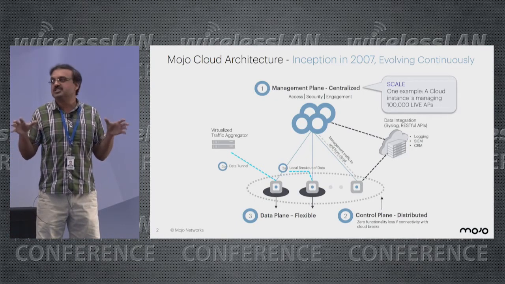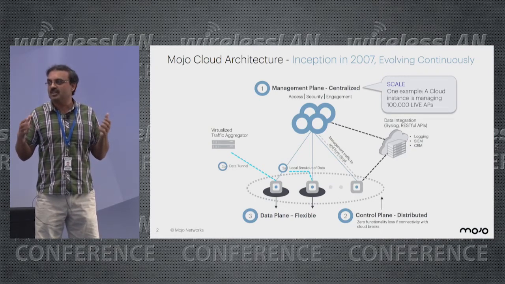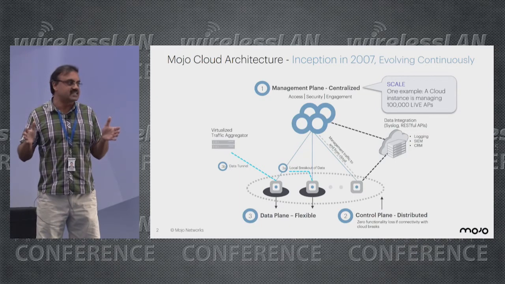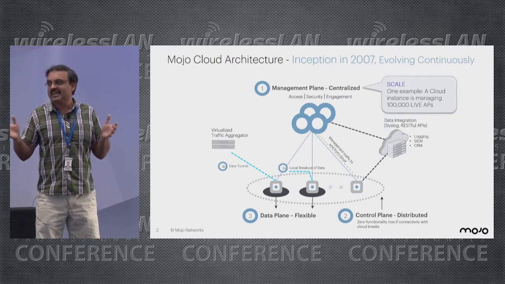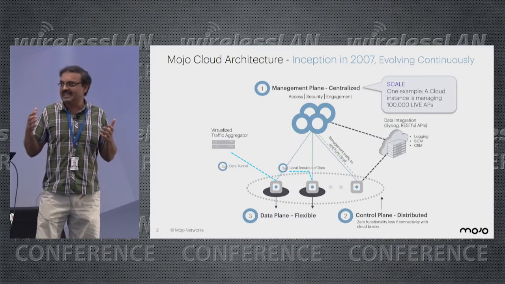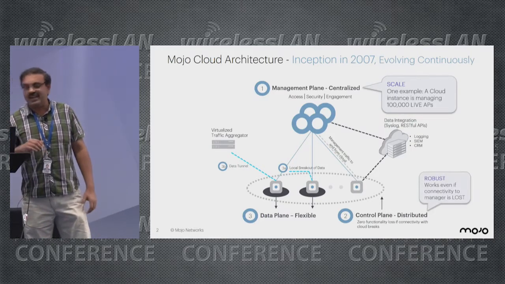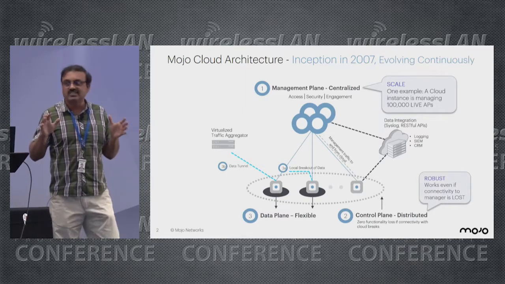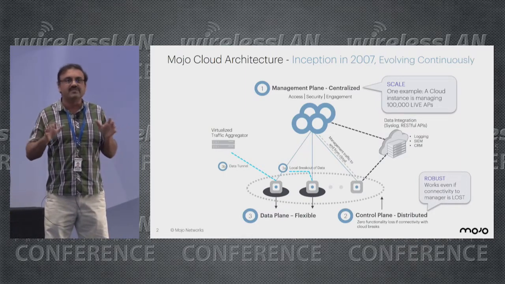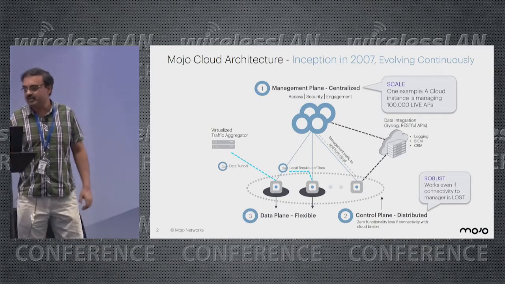That's where the distributed control plane comes into the picture. Our engineering team has spent a lot of time to perfect this almost like an art and a science. It was one of the challenging problems we had to solve, and we are proud to say that, yes, this can work. The key point is that it's robust, that it works even when there is no connectivity to the cloud. That's something hard to achieve, but we have been able to achieve it.